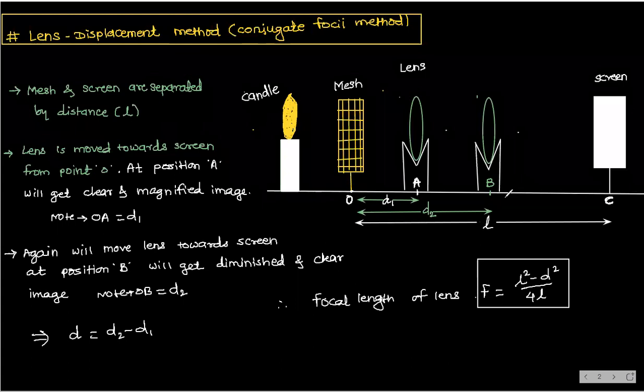Sir, can you explain the third point? Again, we will move the lens. Yes, this third point: from this point A, we will start moving the lens towards the screen. We will watch on the screen. At this point, we will get a diminished and clear image on the screen, and that distance we will measure as D2.